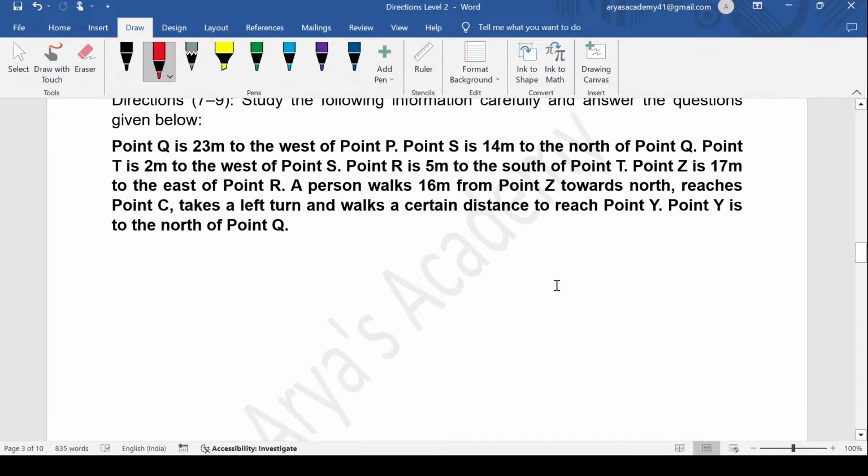Yes. Have you done the question part? Have you done the diagram part? Please respond. If you have done the diagram part, I will move to the questions part.